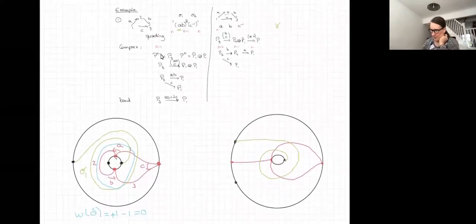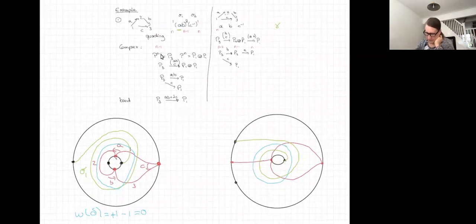If we now look at the closed curve over here, then if you count from here to here, the mark point is on the right, so now it's -1. From here to here, it's also on the right, so it's -2. And from here to here, the mark point is on the left, so it's -2 +1.